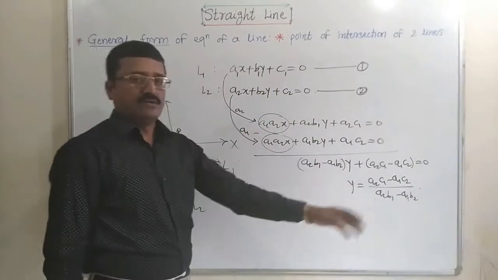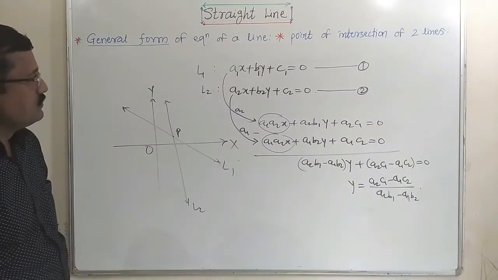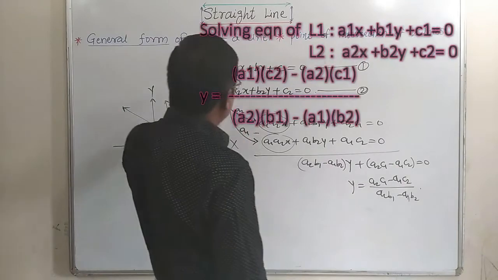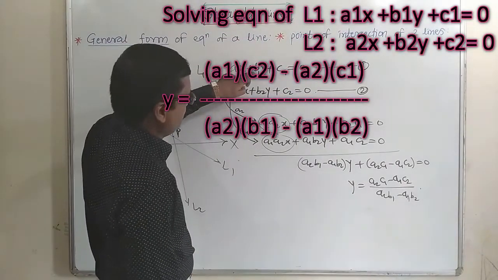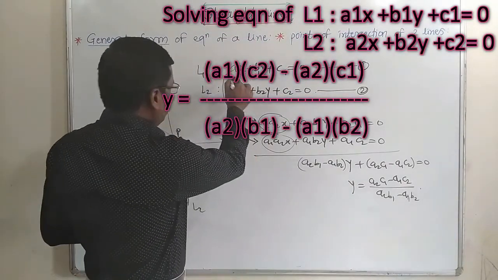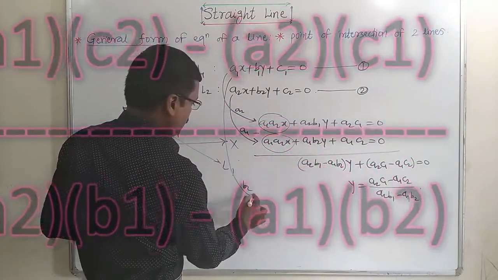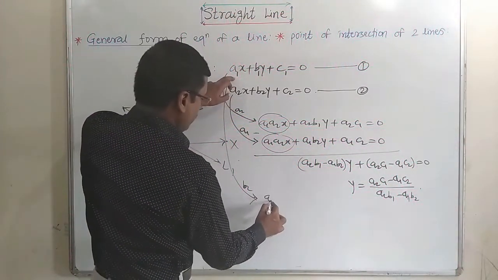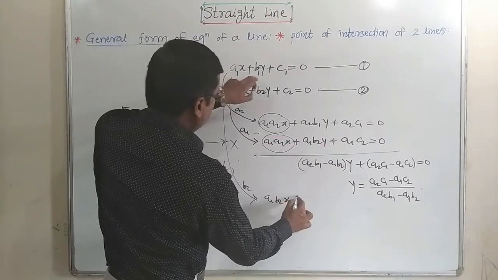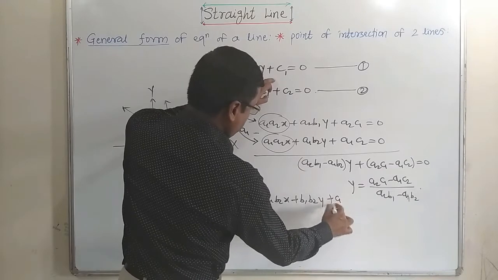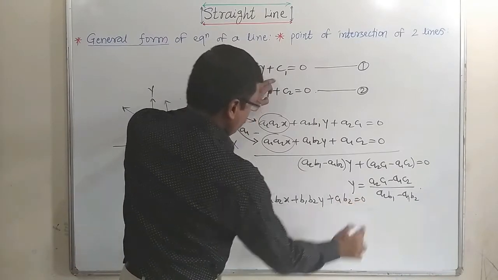This is the value of variable y. Similarly, if we multiply the first equation by b2, we get a1 b2x plus b1 b2y plus c1 b2 equal to 0.